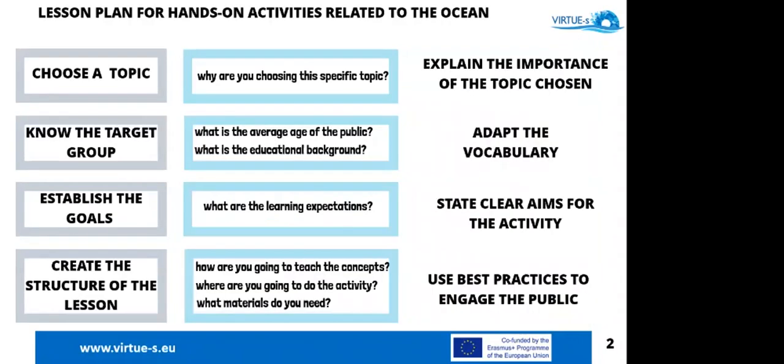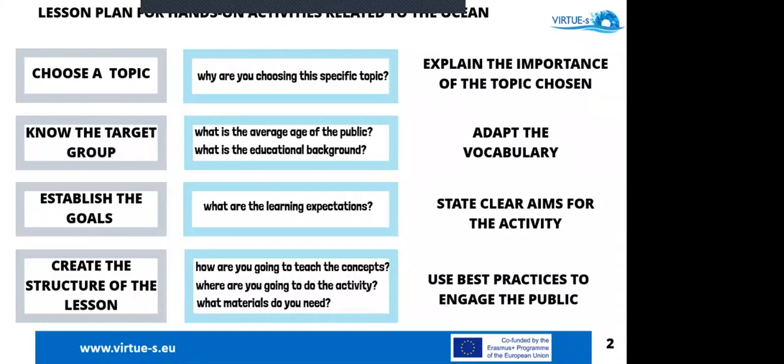Here are some general best practices to create a lesson plan for hands-on activities. First of all, you shall choose a topic and explain to the learners why you are choosing this specific topic and why it is important for them to grasp the concepts. It is also important to have as much information as possible regarding your audience, so you shall know the target group.